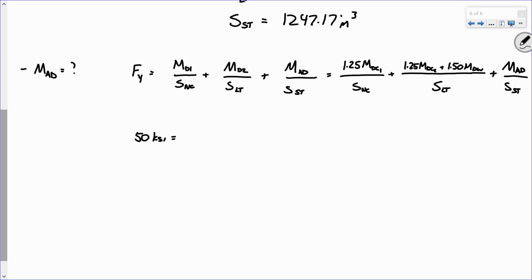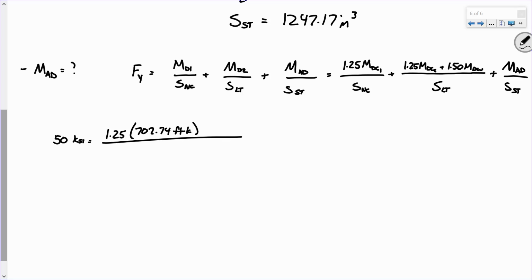So let's look at our moments. 50 KSI equals 1.25 times MDC1. What is that? 702.74 foot-kips. Y'all see where I'm getting that?